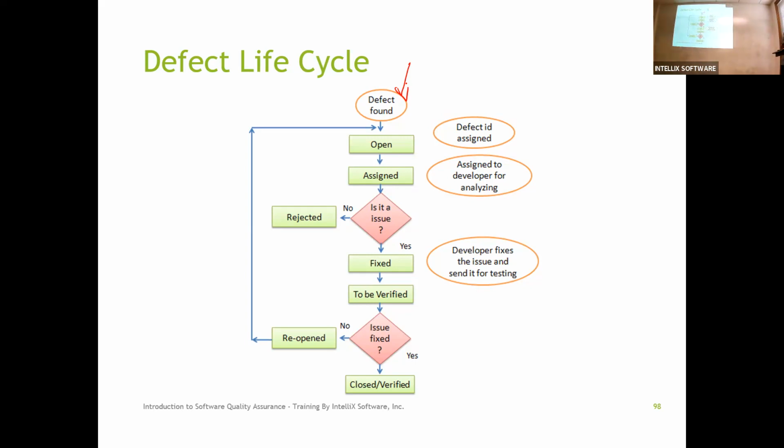When you encounter that situation, you open that defect. And that defect then gets assigned to somebody in the development team to work with. The first thing they do is look into it and ask, is it truly a defect? Or is it a problem because there was a missing requirement?